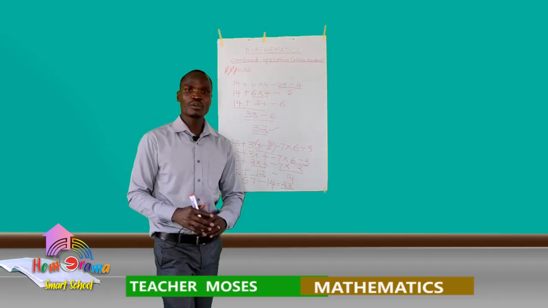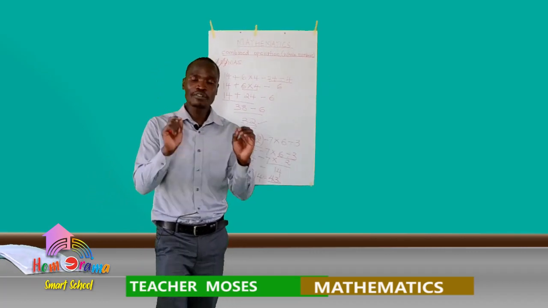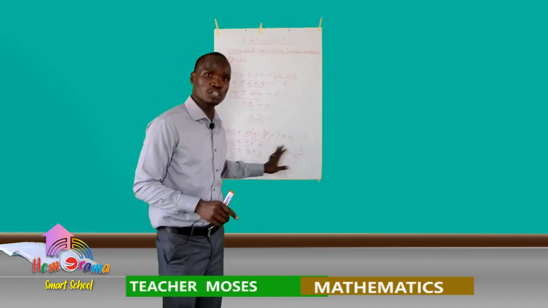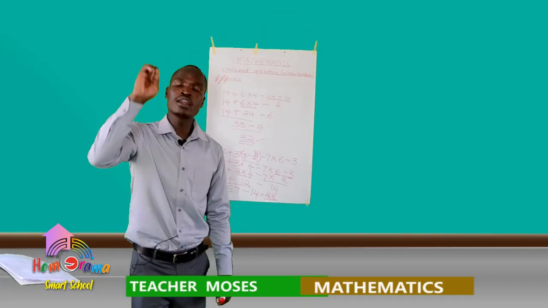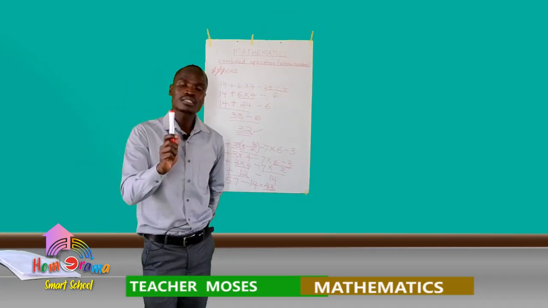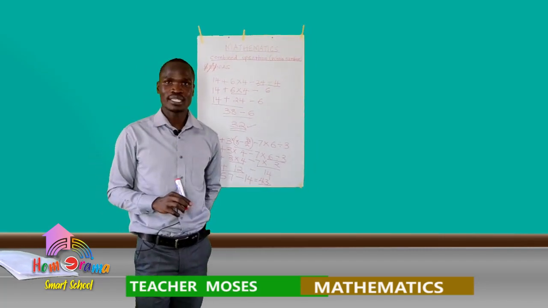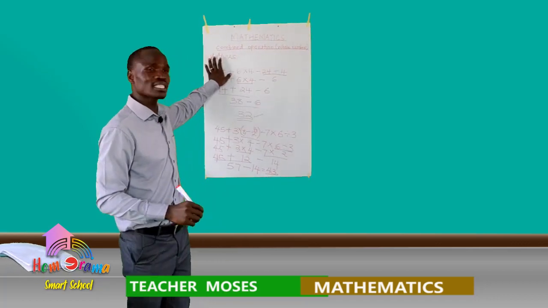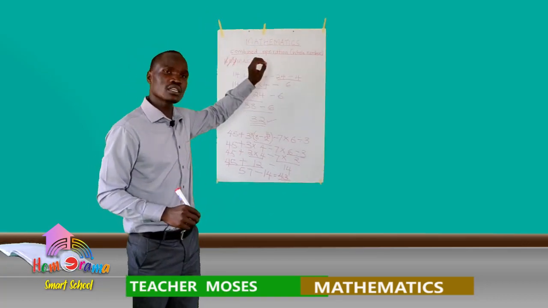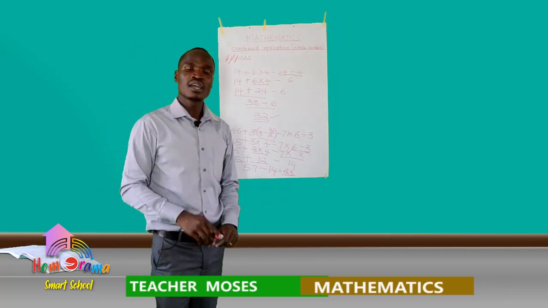Now, listen to me very carefully. I repeat what I've said. When you get these questions that have very many signs, more than one, it means you have to follow the rule of Bodmas. And the rule of Bodmas states, start with bracket, of, division, multiplication, addition, and subtraction.